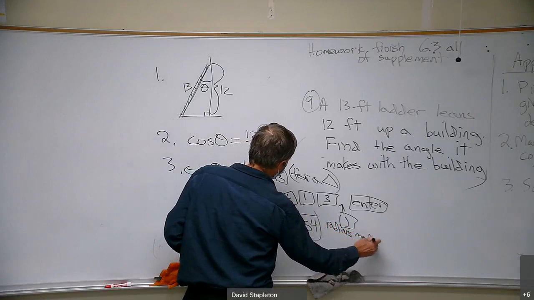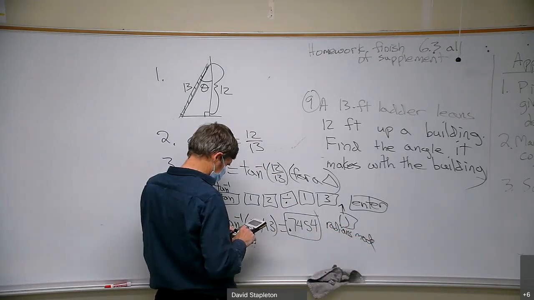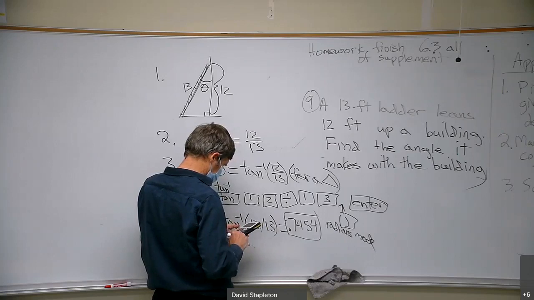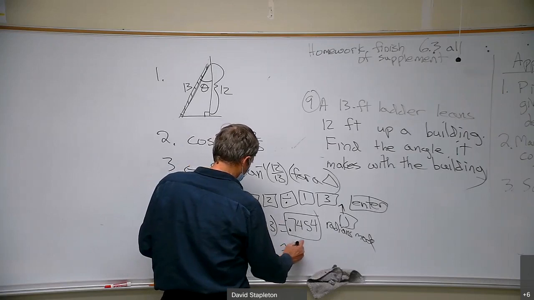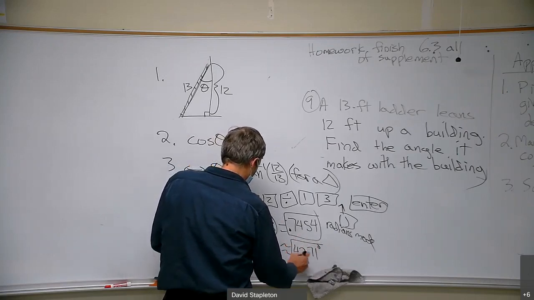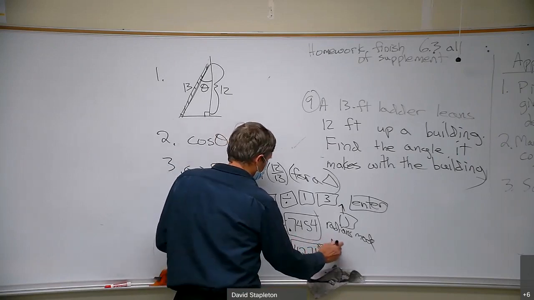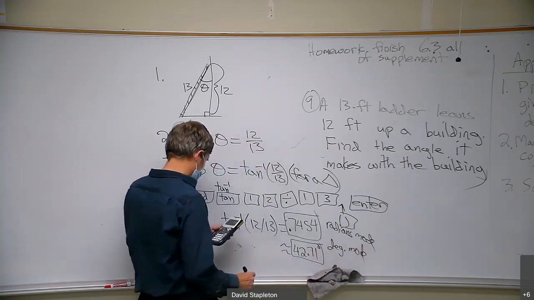If you let your calculator in degrees mode, you get this times 180 over pi. You get 42 degrees, 42.7 degrees. Degree mode. That's not right.